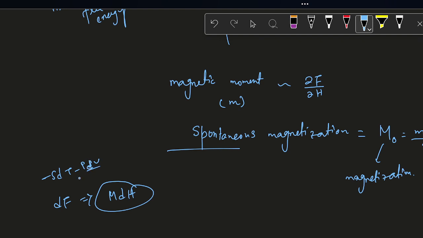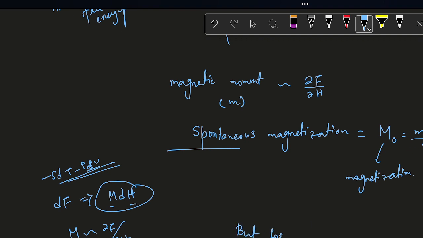This is for a gaseous system where you have pressure and volume as important quantities, but when you are dealing with a magnetic system, you have these extra terms as magnetization and magnetic field. Then dF has a dependence on M dH, so that M is related to the derivative of F with respect to H. That's what I have written down, that it is minus 1 by V del F del H at H equal to 0 is the spontaneous magnetization.